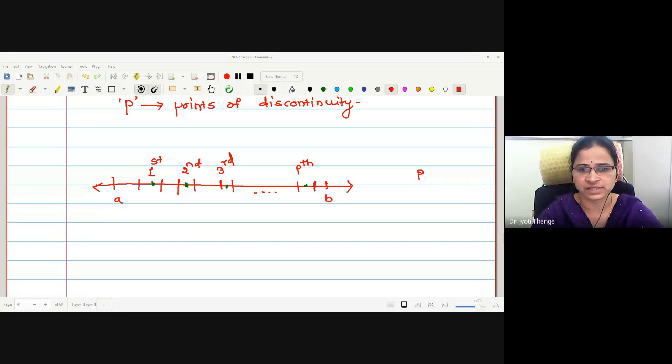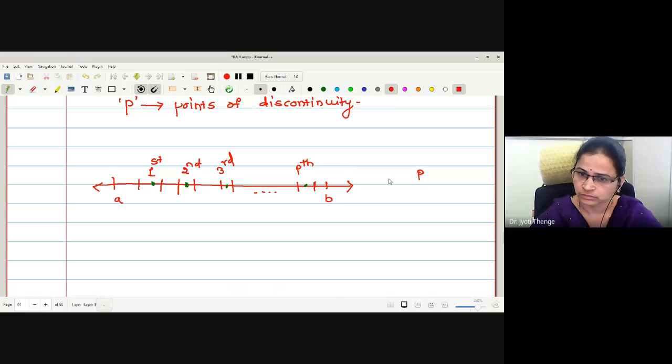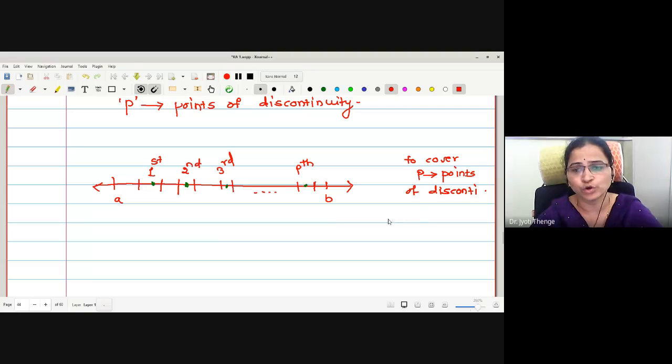Therefore, how many points do I have to plot in the partition? To cover p points of discontinuity, may I say I have to plot 2p points? Yes, 2p points to be plotted. Correct?